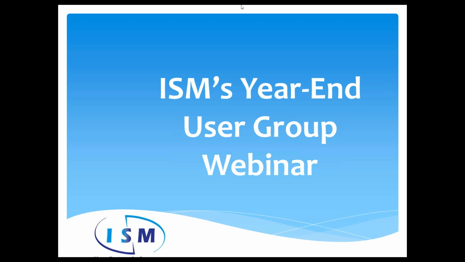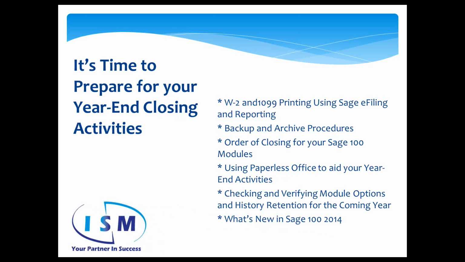So I'm just going to go ahead and dive right into the presentation. We are going to go through how to use the W-2 and 1099 printing, which is using Sage's e-filing and reporting. The reason why we are bringing this up is because obviously Sage comes out with a new version every year. And when Sage 2014 comes out, I think it's actually just got released because I think I saw the link up the other day to be able to download the 2014 version.